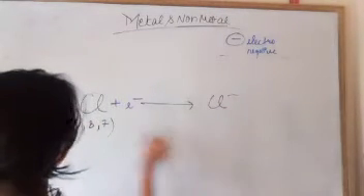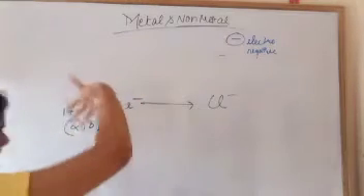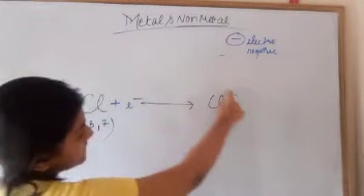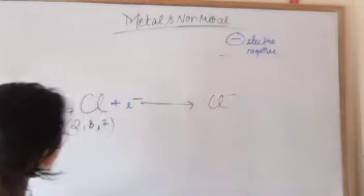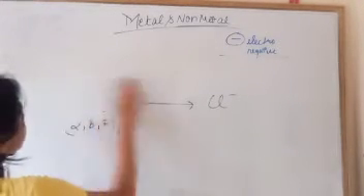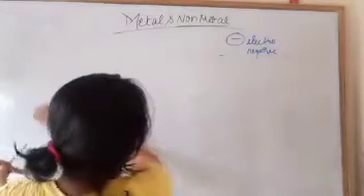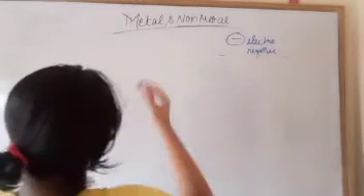So chlorine is a non-metal, it gained an electron and has negative charge, that is, it is electronegative. So in today's video we will be learning the physical properties of non-metals.